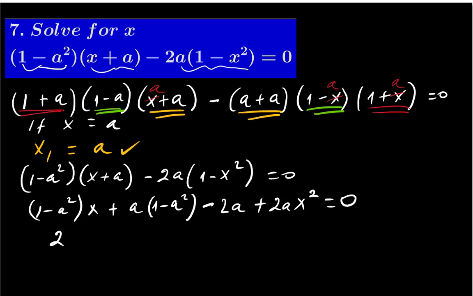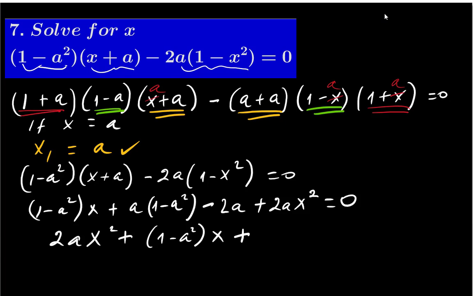We can say 2a x squared plus (1 minus a squared) x plus this quantity.